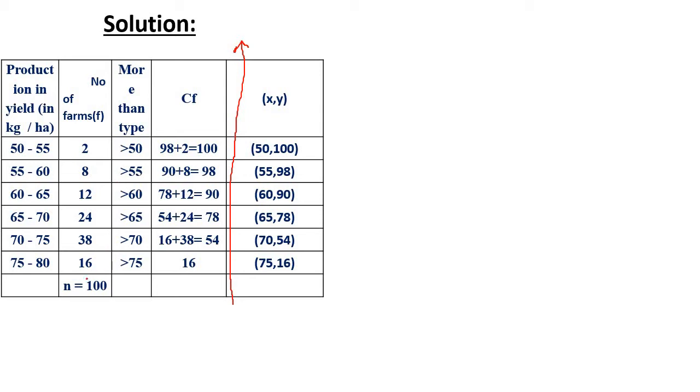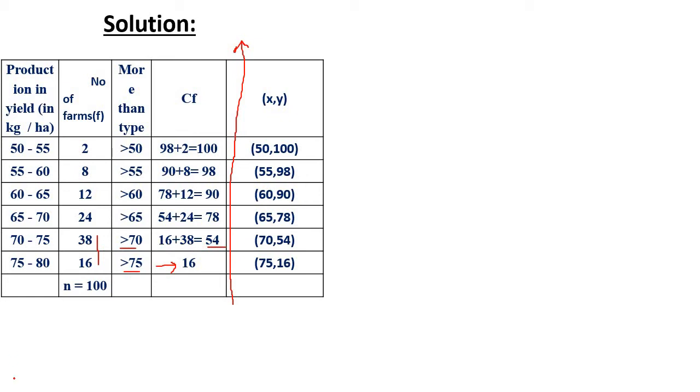Here more than 75 means 75 to 80, only 16 farms are there. Next, more than 70 means here we have to add 38 and 16. So 16 plus 38 is equal to 54.